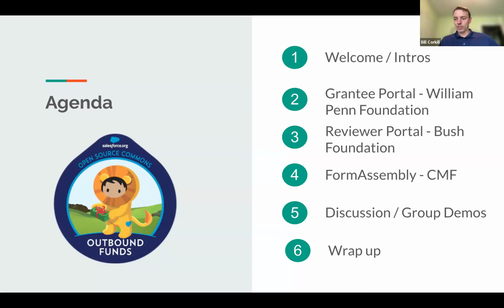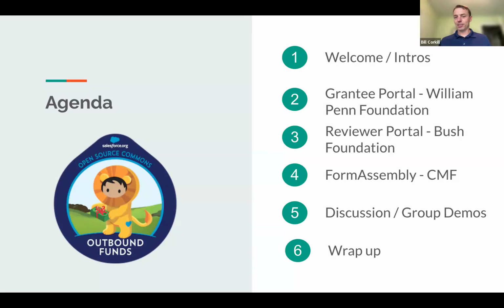All right. So, just as a reminder, the Outbound Funds group, we've been together for, gosh, it feels like we're getting close to 10 years now, just in one form or another, with creating a grants management solution for Salesforce being the general idea that got us all together originally. Obviously, many of you probably know Outbound Funds has now been adopted by Salesforce, and so they maintain the package and the product.